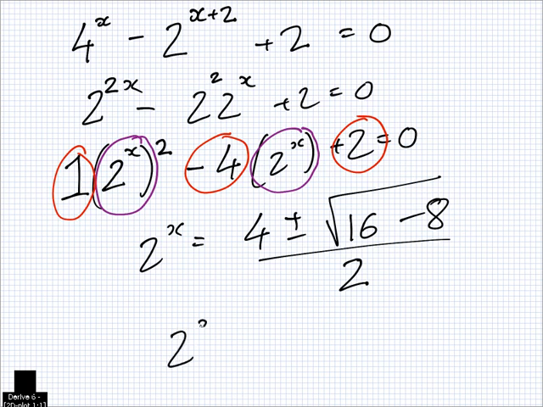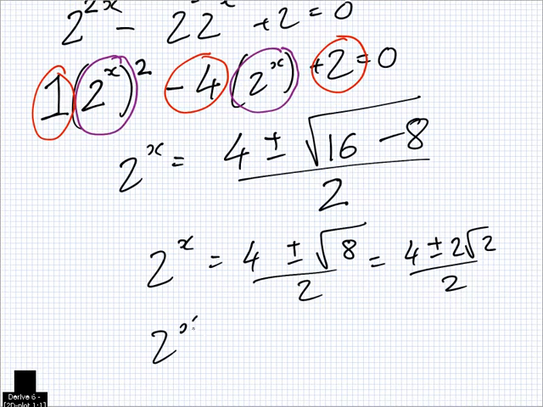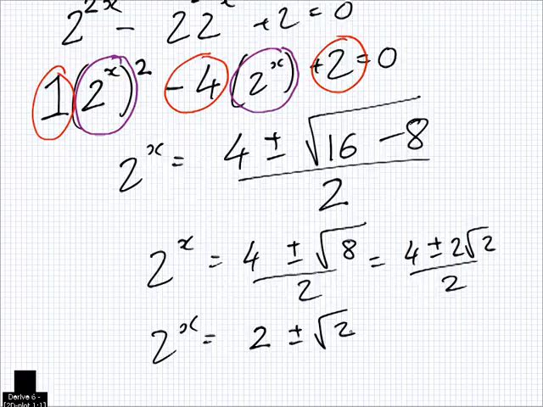So this is 2 to the x equals 4 plus or minus root 8 over 2, which is 4 plus or minus 2 root 2 over 2. So this is 2 to the x equals 2 plus or minus root 2.